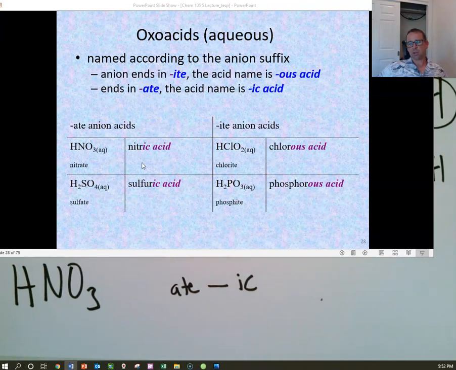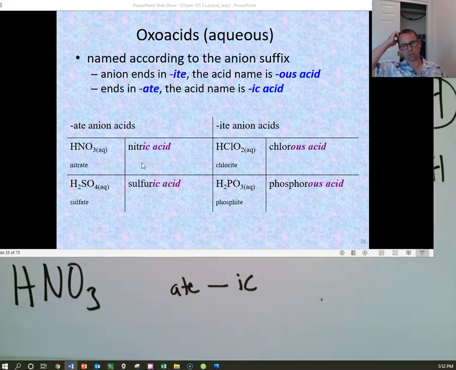The only acids that we name hydro-blank-ic acid are binary acids. But HNO3 is what kind of an acid? How do you say that? Oxoacid, or oxyacid is fine too.